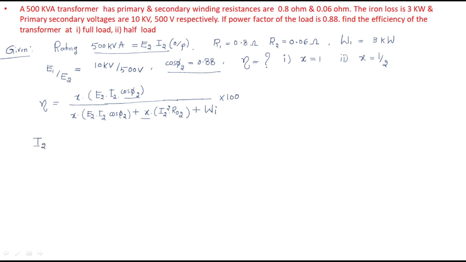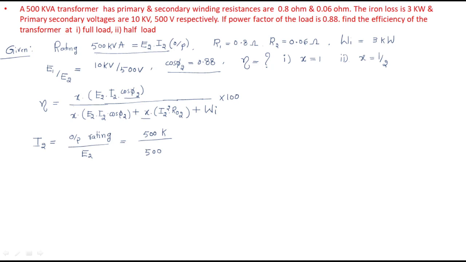So here I2 equals output rating by E2. What is output rating here? Output rating is 500k. And what is E2 here? E2 is 500.